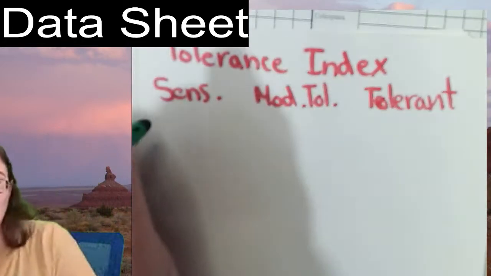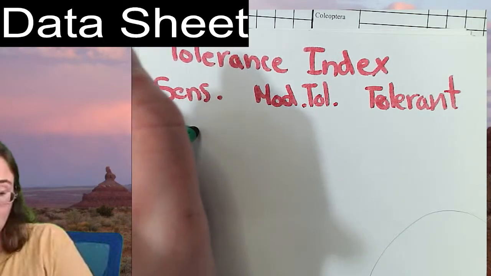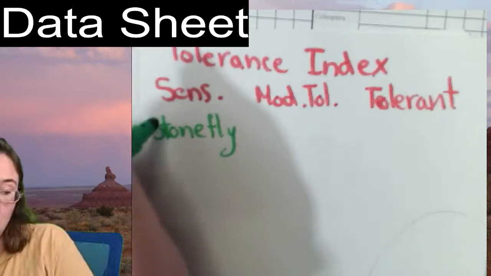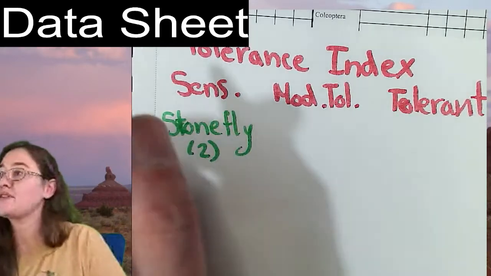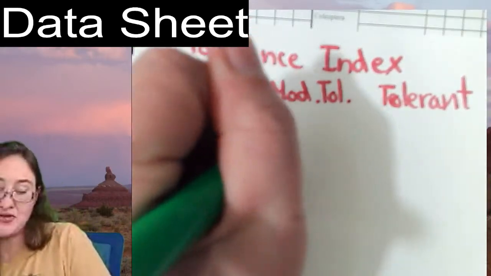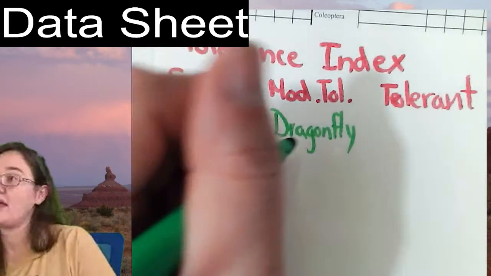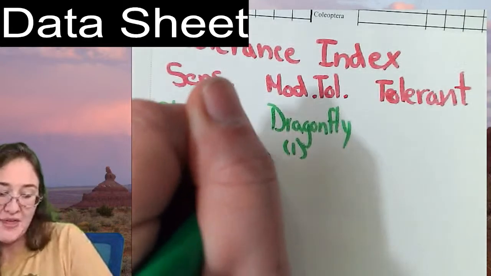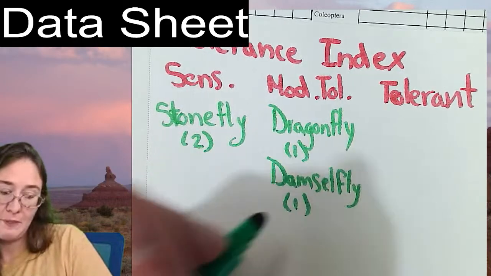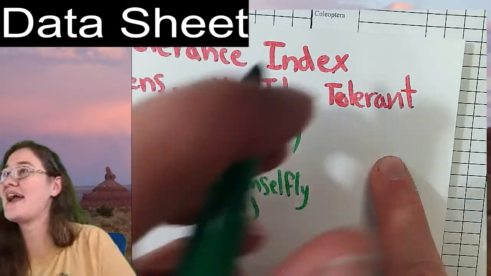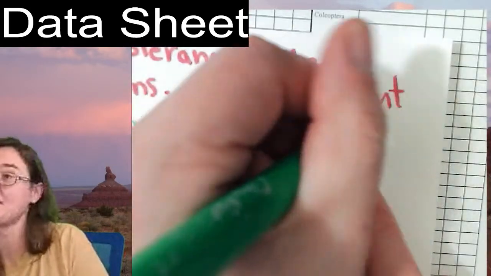So maybe we had 2 species of stoneflies that were sensitive. Maybe we had dragonflies. And maybe just 1. And then 1 species of damselfly. And then we had, I don't know, leech, which isn't an insect but is considered tolerant.